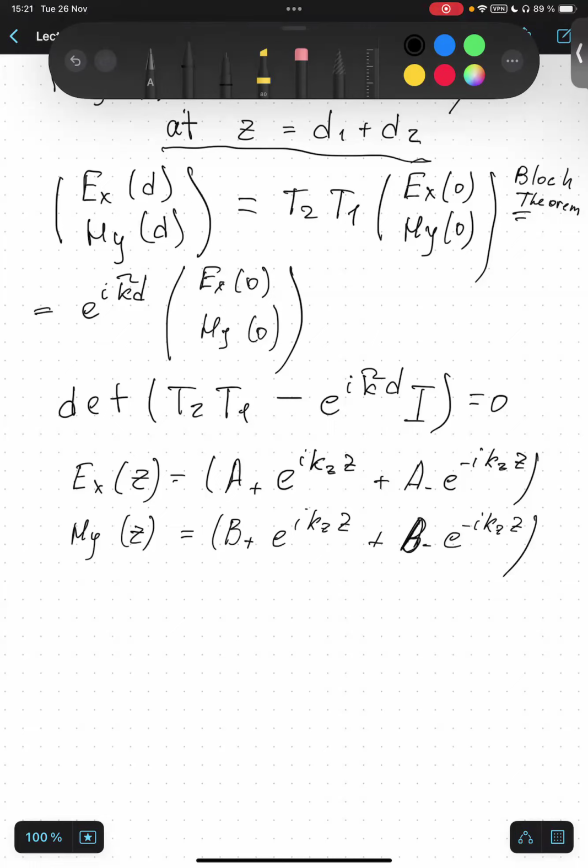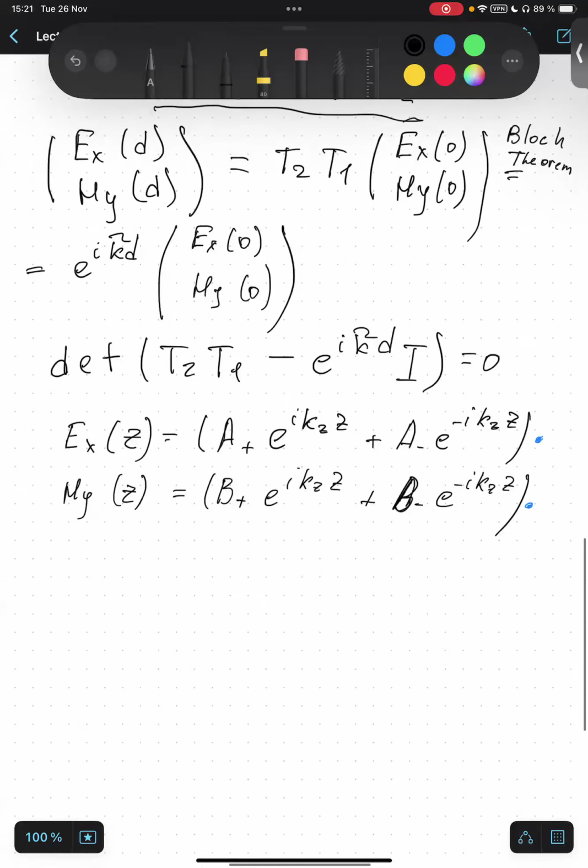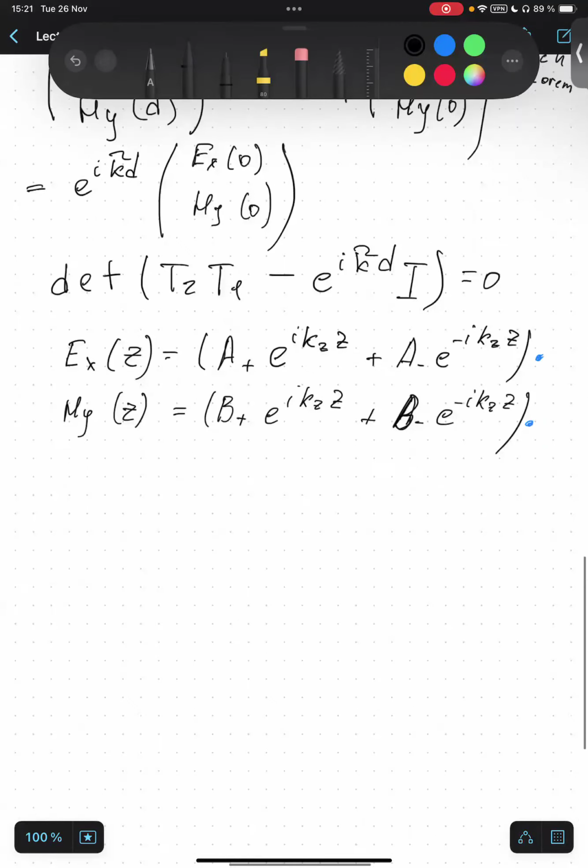Well, rigorously here we should also write the exponent with kx and x, but since we don't have any periodicity in x direction, we can neglect it for now. So we have to find these coefficients.